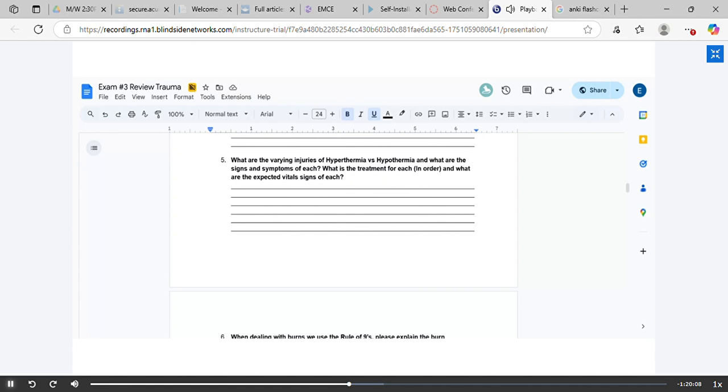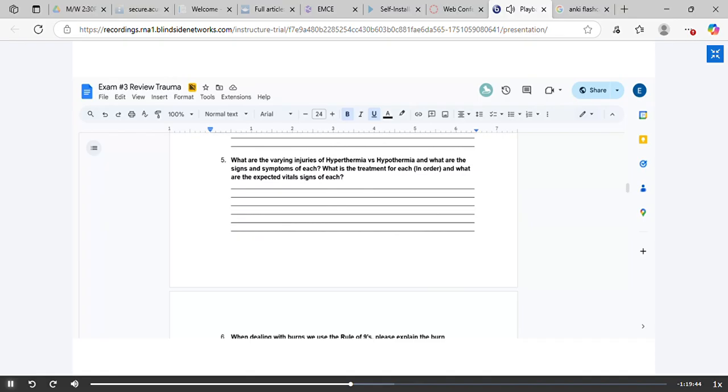So not only are we trying to prevent further heat loss, but when your patient is in that form, now we're trying to actively rewarm them. Okay. If they have any wet clothing, you got to take it off, because that wet clothing is going to exponentially increase the loss of heat. Okay. So get that wet clothing off of them and then actively rewarm them.